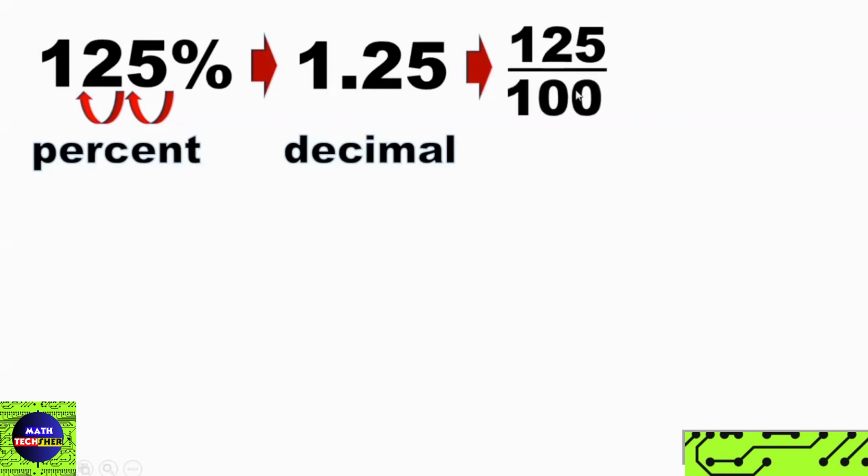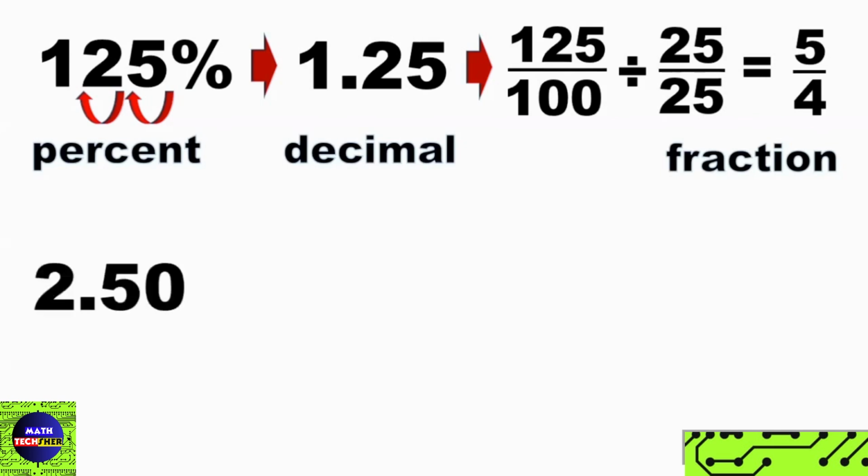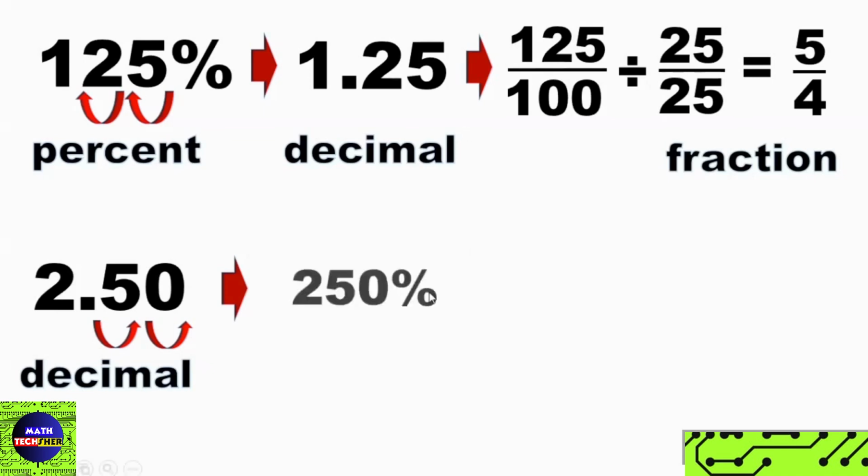And then to convert it to fraction, we're going to divide by 100. Okay, because the decimal places of 1.25 or 0.25 is 2. Okay, so divided by 100. Then, lowest term, by dividing both sides by 25. So, 125 divided by 25 is 5. 100 divided by 25 is 4. So, that is a fraction. Next, 2.50 is decimal. Let's convert into percent by moving the point 2 places going to the right.